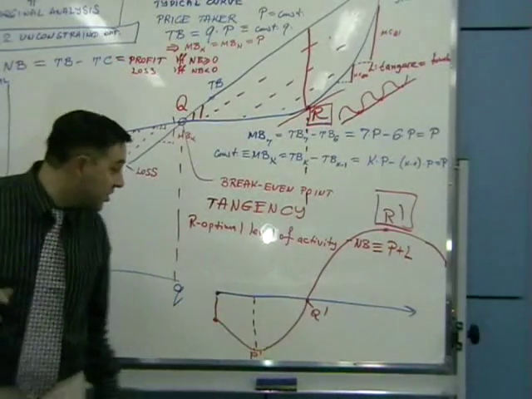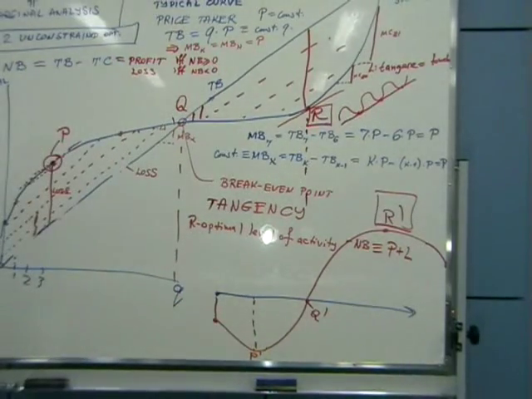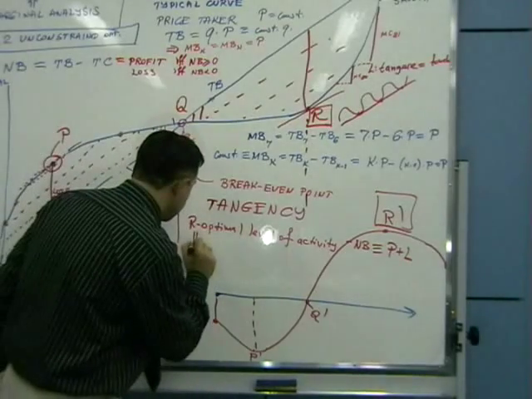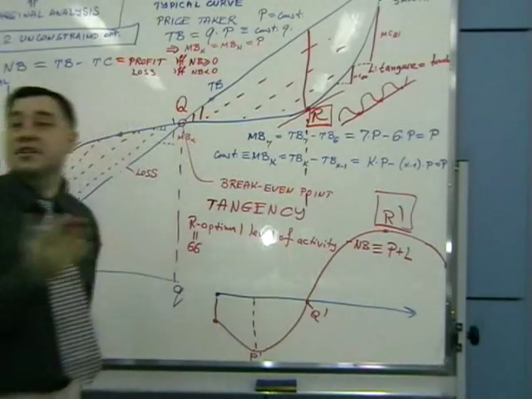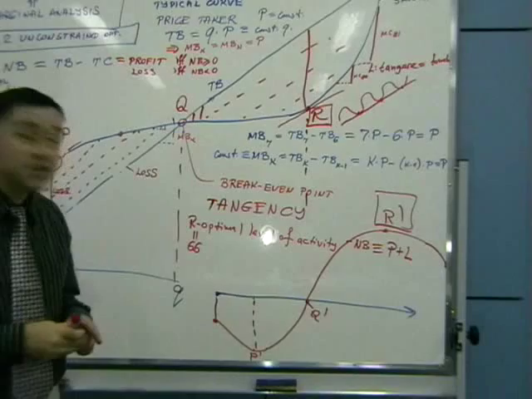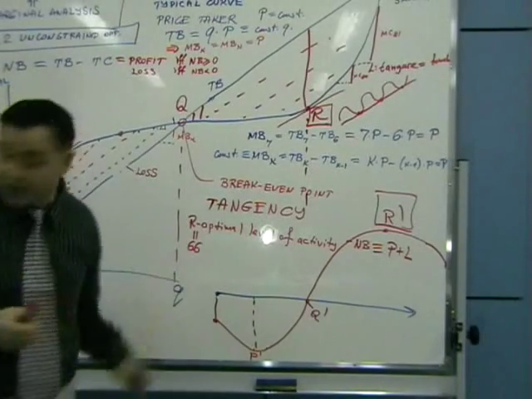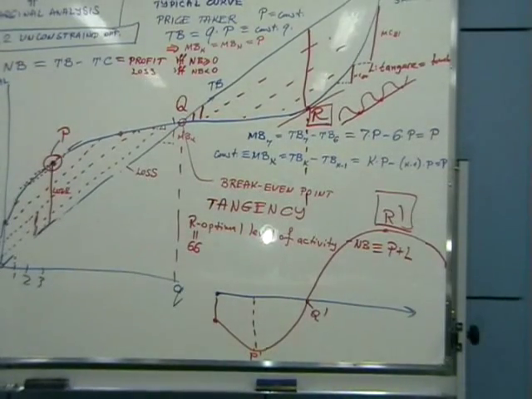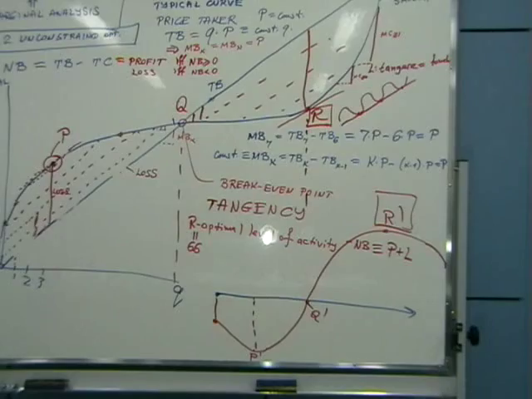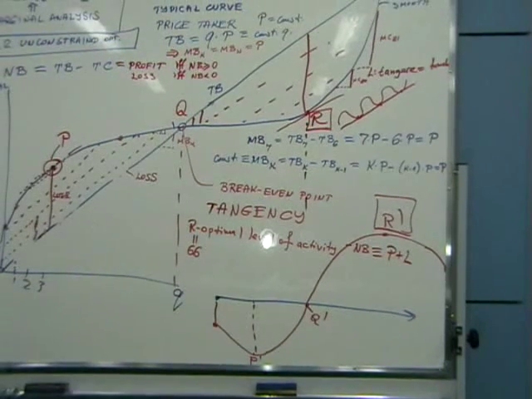And as a reminder, the optimal level of activity was 66, right? This is what we had. So this is called the optimal level of activity. Let's say marginal benefit, marginal cost, 1 unit, everything's fine there. This has all been covered.